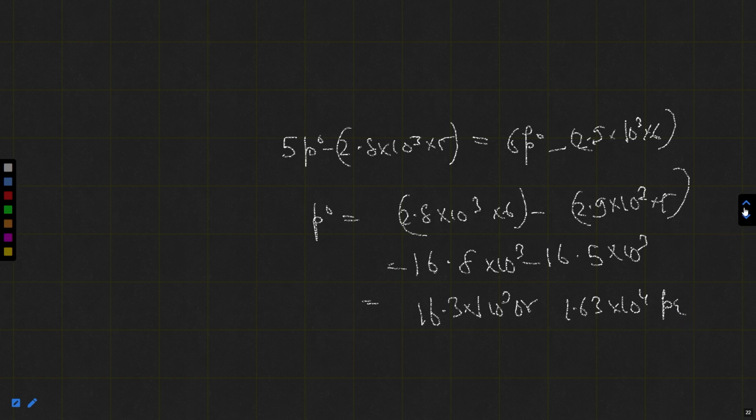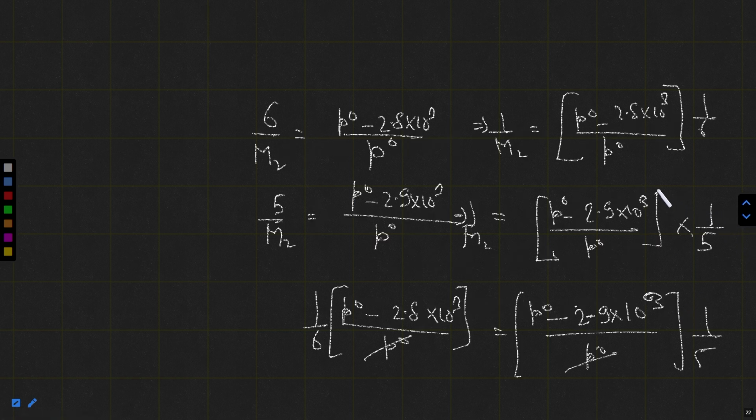Now what would be the molar mass? You can plug this value here for the molar mass.